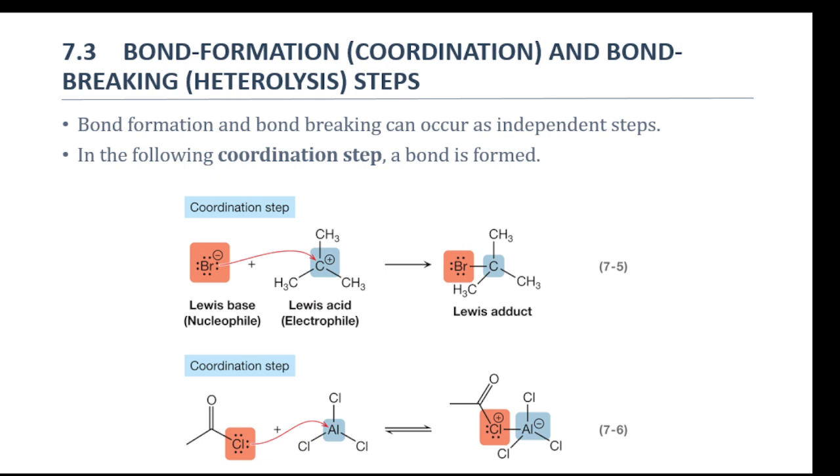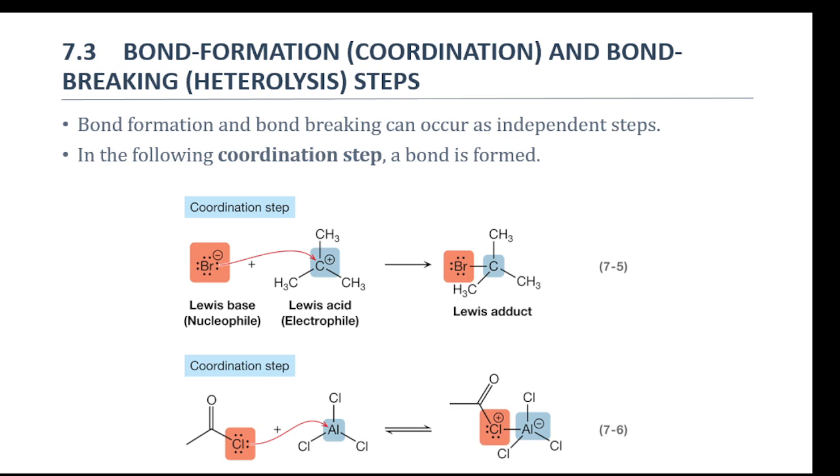Because normally we take 1 electron from each atom, don't we? Okay, so this is what's referred to as a coordinate covalent bond or coordination bond, forming from electrons on only 1 atom.